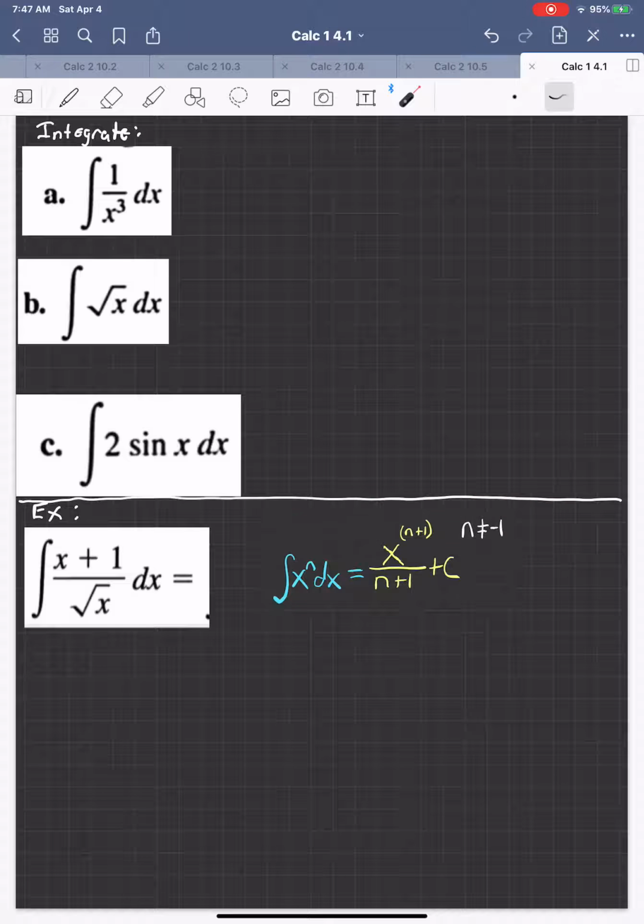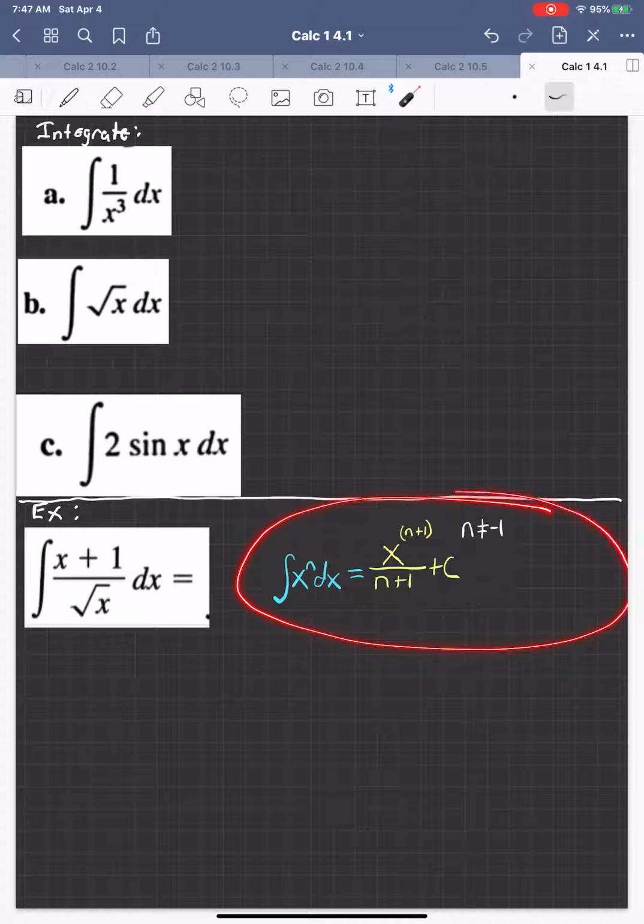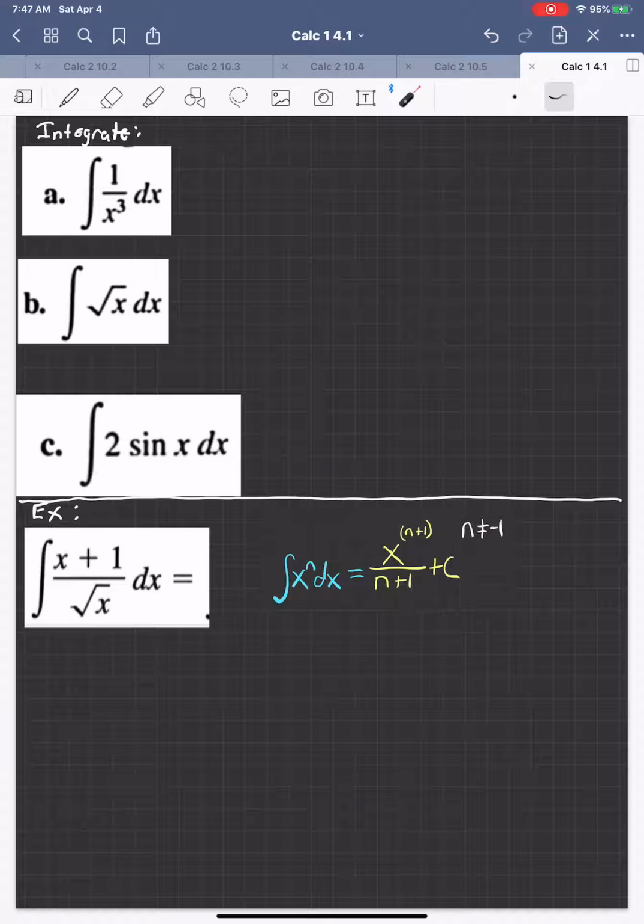So we're going to practice a little bit with that. Most importantly, we're going to practice rewriting a function so that you can use this power rule. Then on the last part, we're going to start to see how some applications can be beneficial.